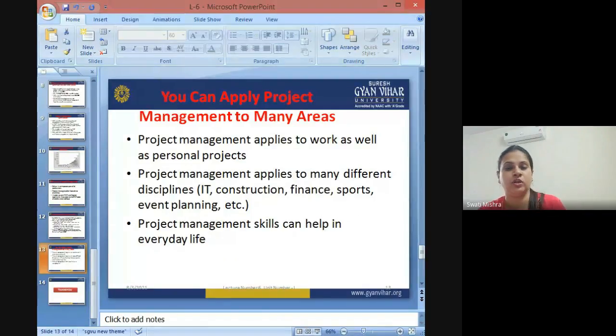Like I have told you, there are different software through which you can apply the knowledge of project management to the actual project which is running, the actual implementation of the project. So you can apply project management to many areas, and that is what we will be discussing from now onwards.